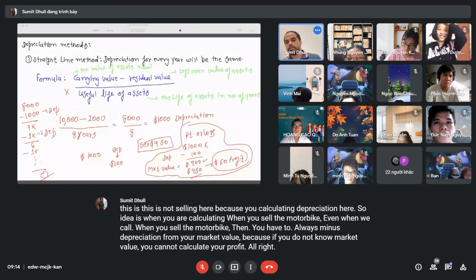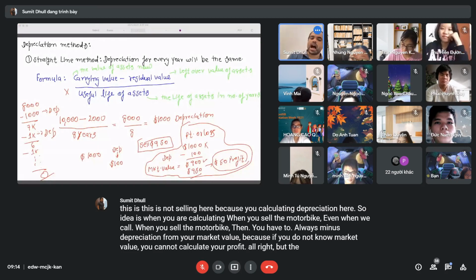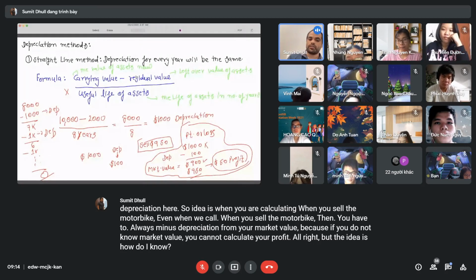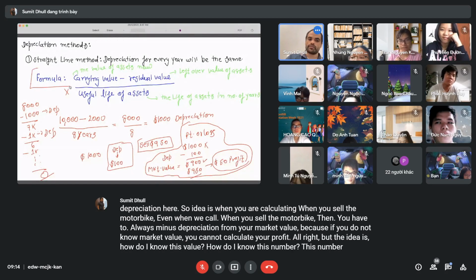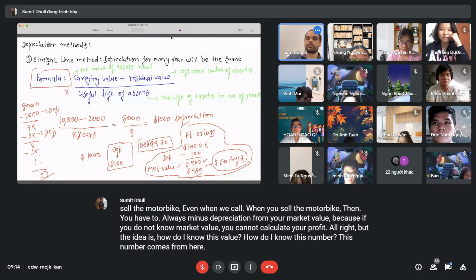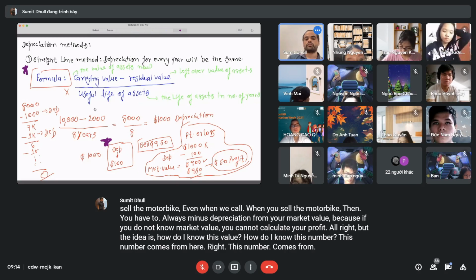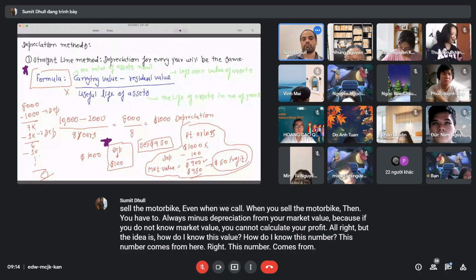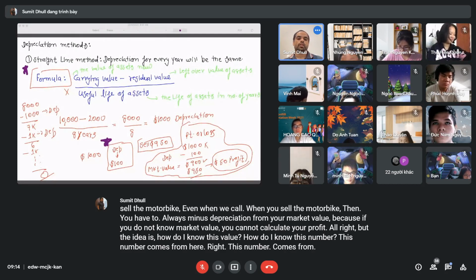But the idea is, how do I know this number? This number comes from here. So everybody understands the straight line method?